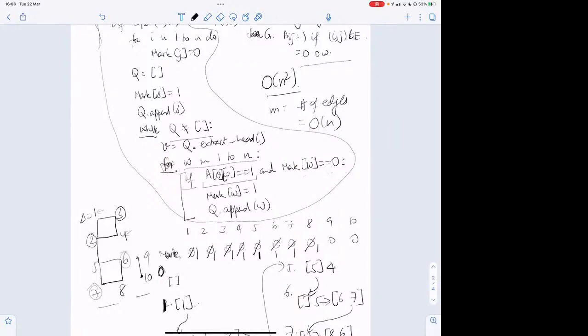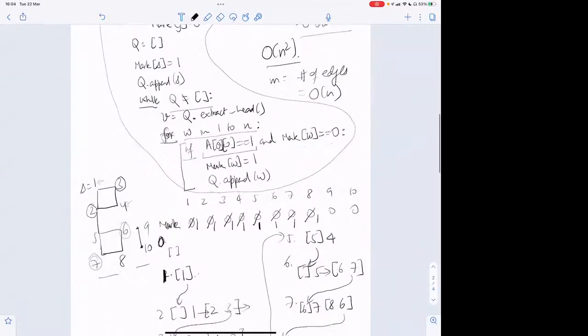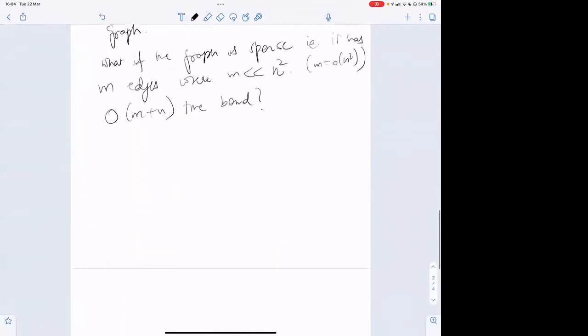You wouldn't need to go over all the neighbors of all the vertices in the graph in order to find the neighbors of a vertex. This intuition can be made precise by storing the graph as an adjacency list.